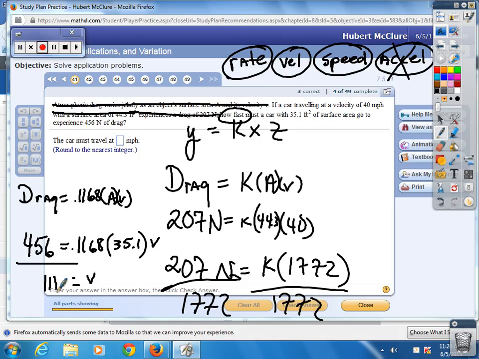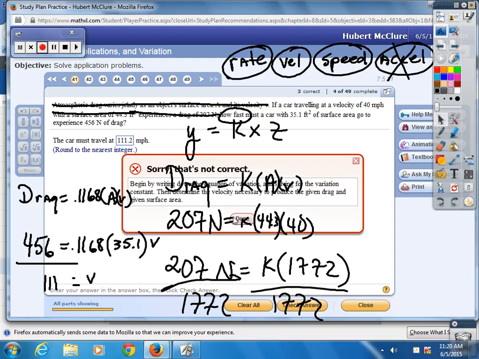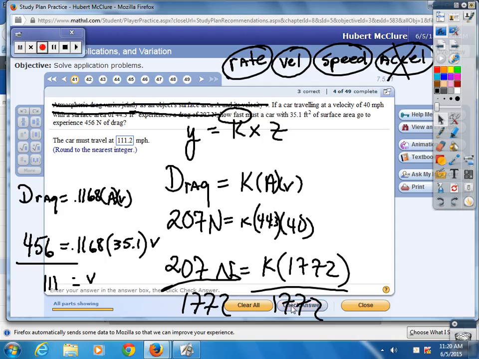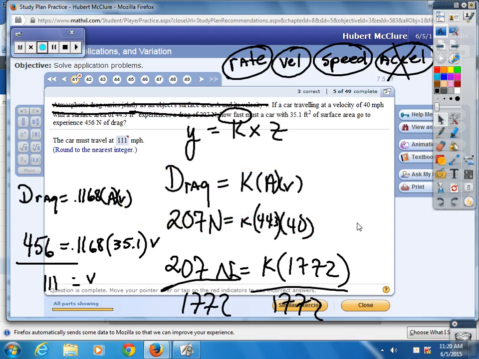So that car is going 111 miles an hour. 111.2? That's probably the right answer, it's just not rounded correctly. Oh, round to the nearest whole number, an integer.